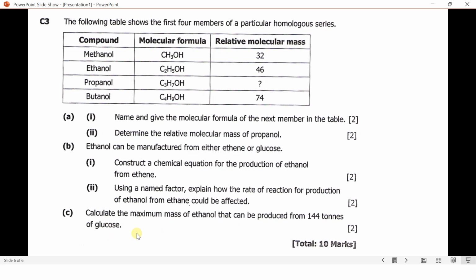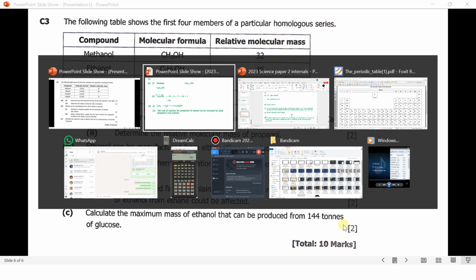That equation should be balanced already, so that children use it to calculate the maximum mass of ethanol produced from 144 tons of glucose. Since this has not been done, giving 2 marks is not enough.